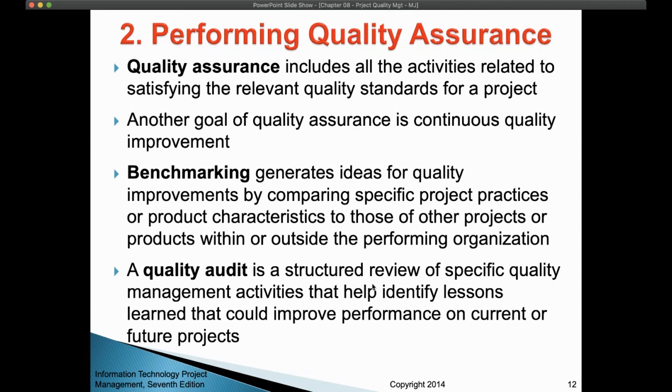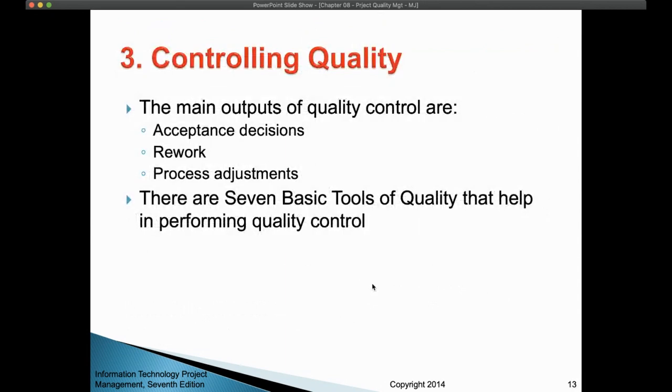These lessons learned are usually produced at the end of the project, so maybe it won't be helpful in your project, but it will help in the future projects that you are going to conduct. The third process is controlling quality.